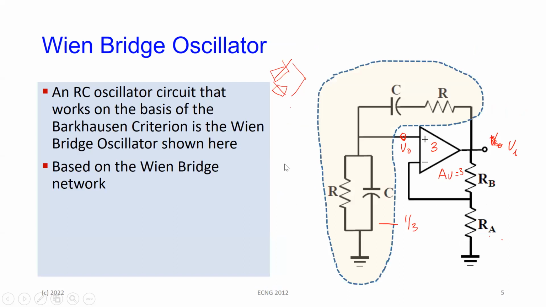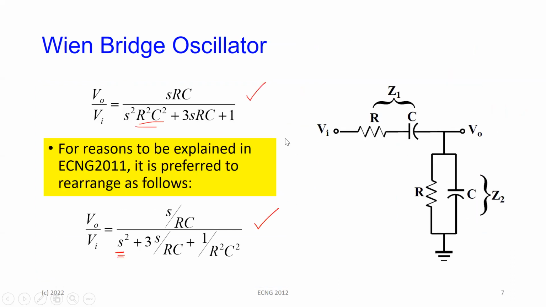It uses a parallel and a series combination of a resistor and a capacitor to create the frequency network for us. And then it uses an op amp to give us the gain required to create the loop gain of 1. If you work it out, you'll notice that this particular transfer function has nothing to do with the op amp at all. This is just the network itself. So it's only the RC network that is the important part of the oscillator. The op amp is there to give you the gain of 1.